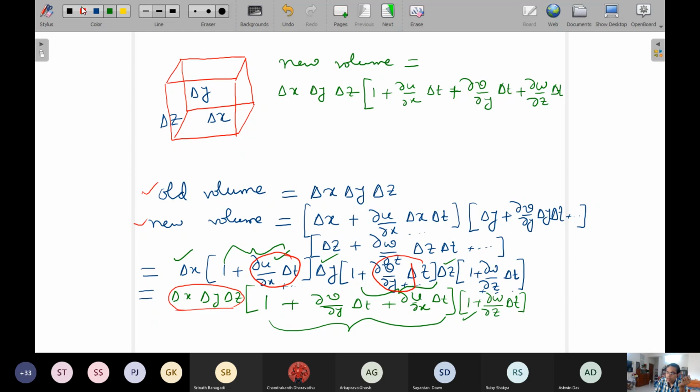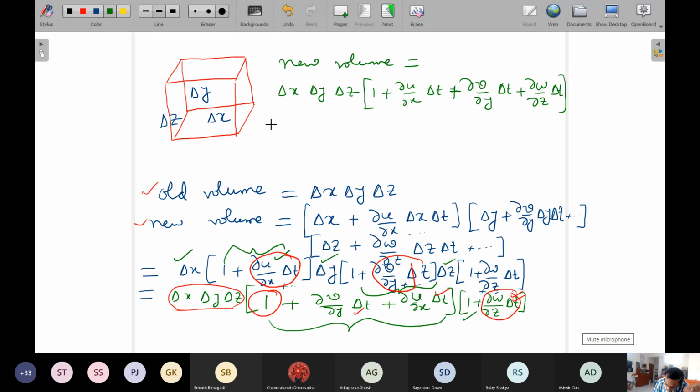And then you multiply this one with this one, because other multiplications will give delta t into delta t, and delta t into delta t. This will give delta t square. So we'll have only one additional term coming because of this, and that is nothing but 1 into this, which we have already written. Higher order terms I'm not writing. See.